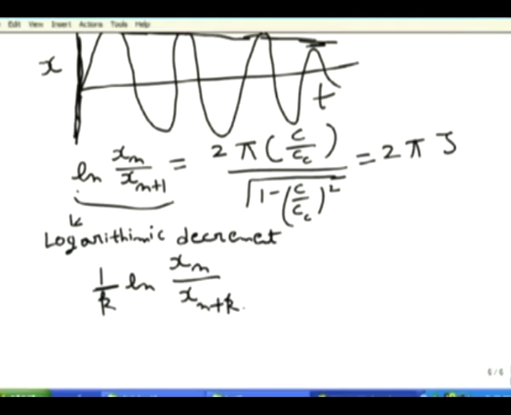It can be shown that 1 by k ln xn divided by xn plus k is same as ln xn divided by xn plus 1. This can be easily shown.